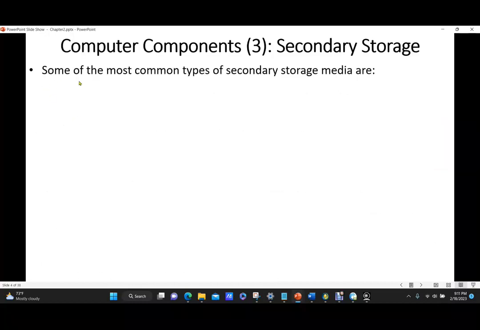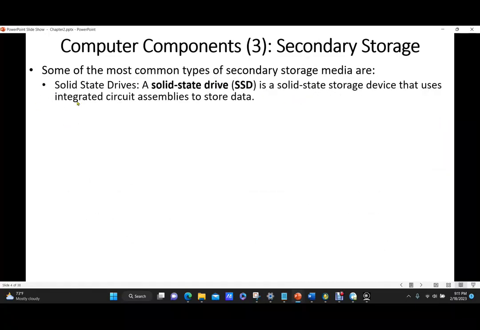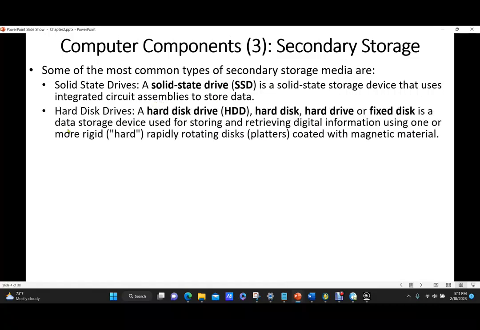Some of the most common kinds of secondary storage are solid-state drives, a relatively recent development, solid-state devices using integrated circuits for storage of data, taking over in place of what had been dominant for many years, the hard disk drive, which uses a rigid rotating disk with magnetic materials embedded on it.